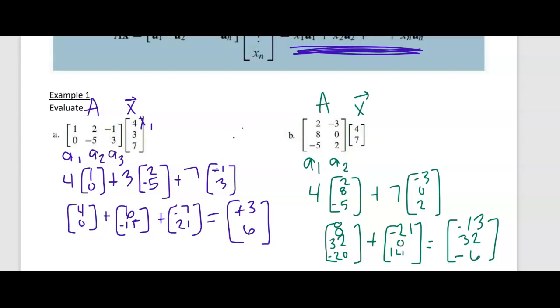One thing that you need to make sure that you know is this is a 2 by 3 matrix, and I'm multiplying that by a 3 by 1. So the size is the number of rows and then the number of columns. So then my resulting vector needs to be a 2 by 1, which is what we got right here.